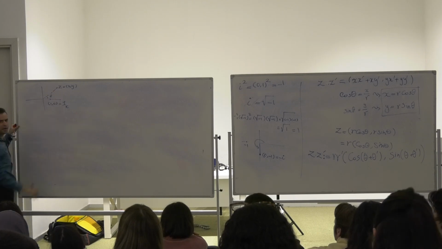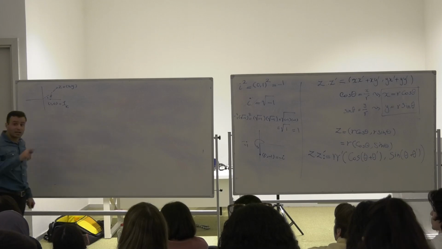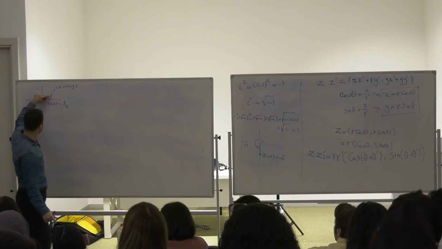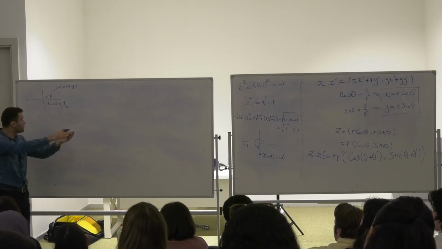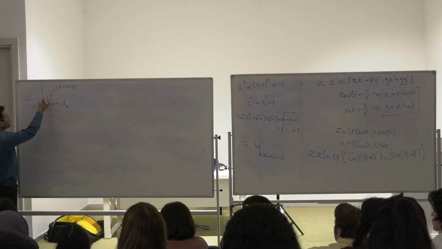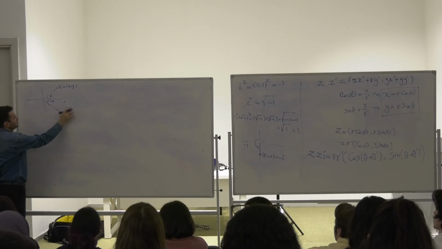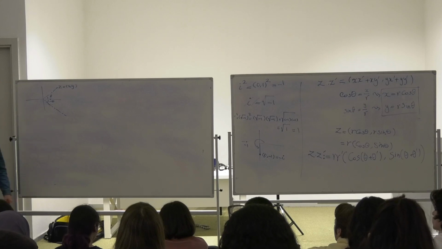If the angle is theta, I need to look for something such that if I add that angle to this theta, that angle must be 0, because we want to come to this point 1, right? So it must be minus theta. Okay? Let me also clean here a little bit. Is it clear what's happening?